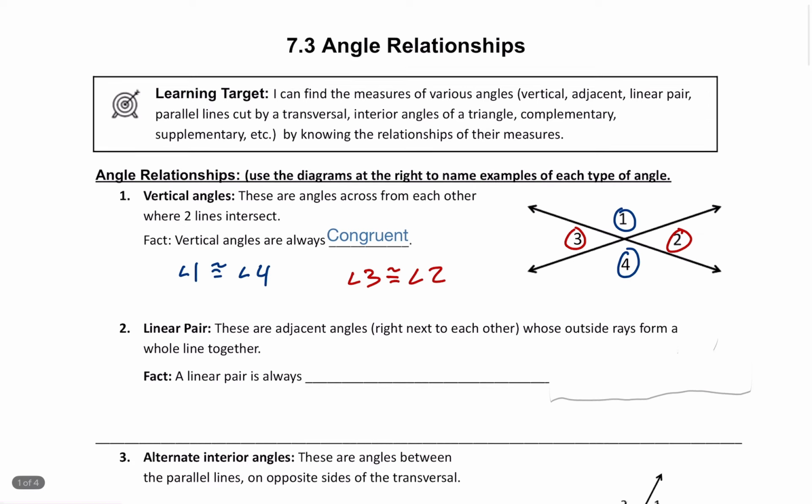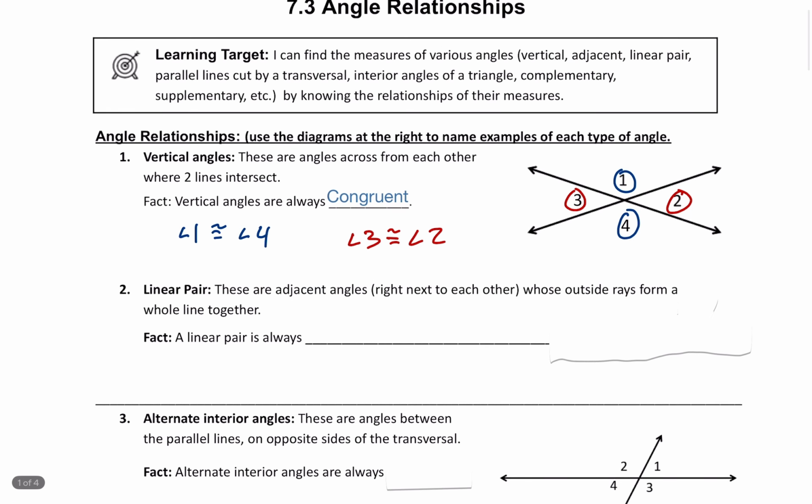All right, now we have a linear pair. These are adjacent angles, or right next to each other, whose outside rays form a whole line together. A fact about a linear pair is it's always 180 degrees. So what does this look like? This looks like these two angles over here.